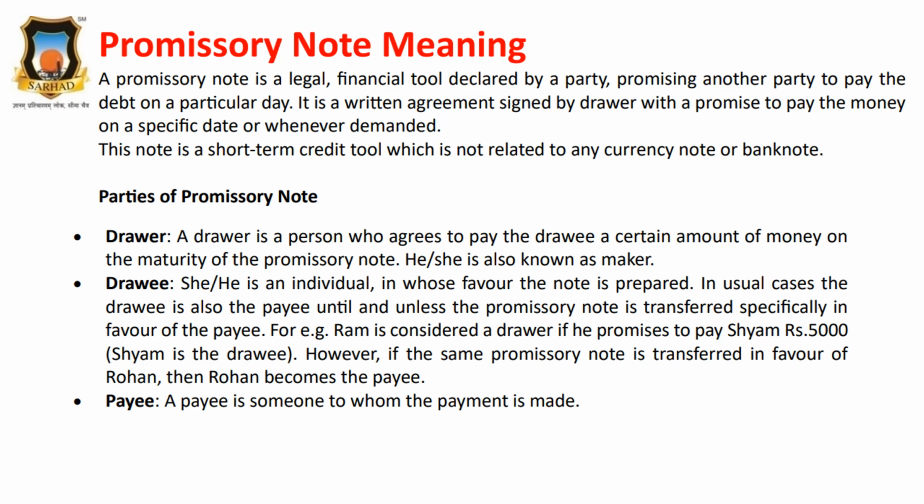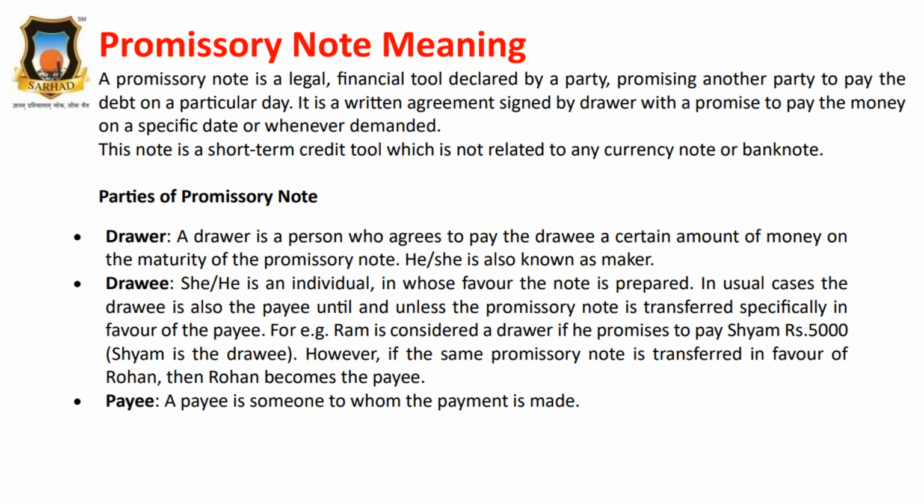Here Ram is a drawer and Sham is a drawee, because Ram makes the promissory note, and to whom he is going to give money, Sham. So Sham is a person in whose favor the bill is prepared. किसको पैसे मिलने वाले? शाम को मिलने वाले.